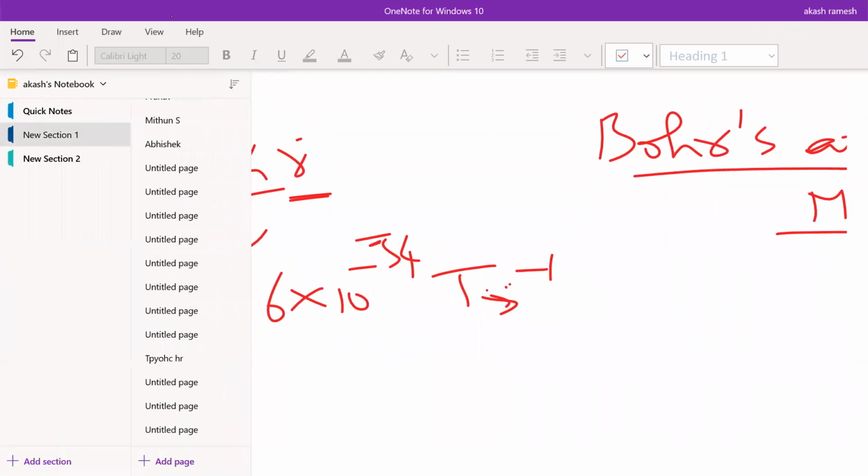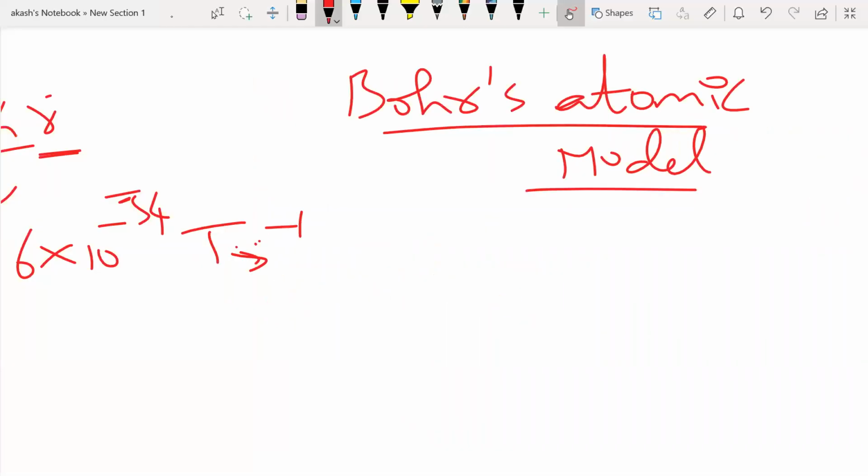Okay, so Bohr's atomic model, we'll see what are the first postulates he said. First of all, the electron has to be given a place. So he said that electrons are going to be there in something called stationary orbits.